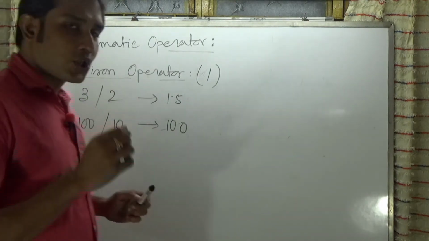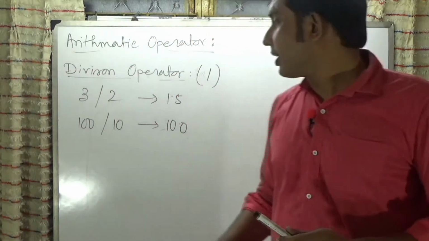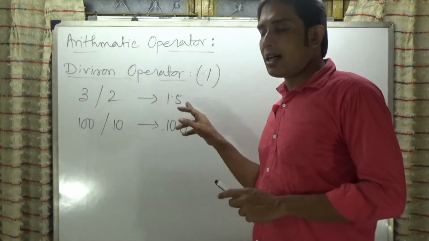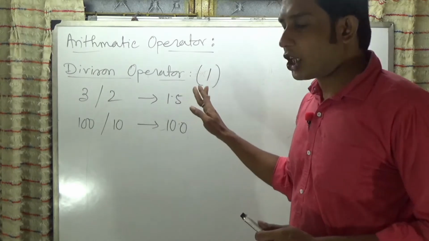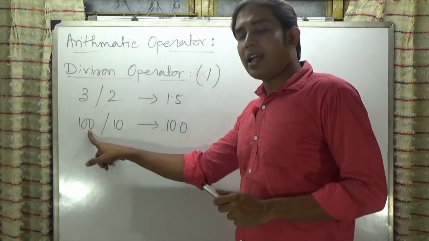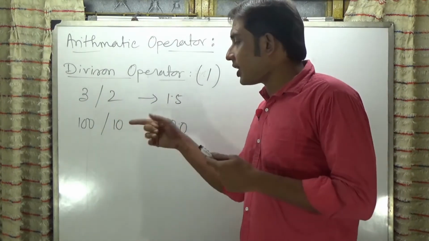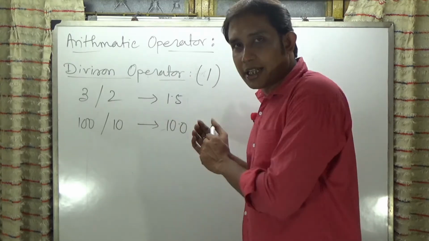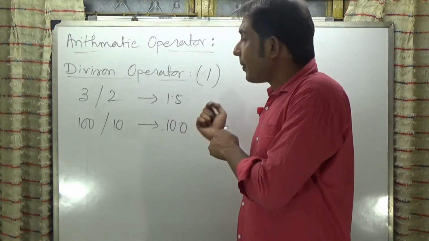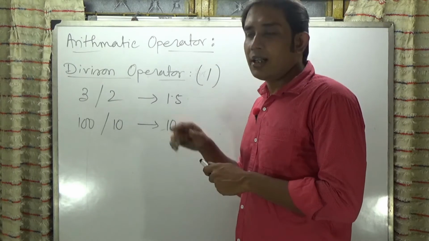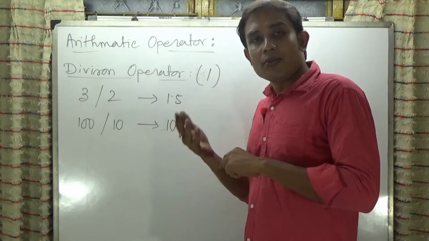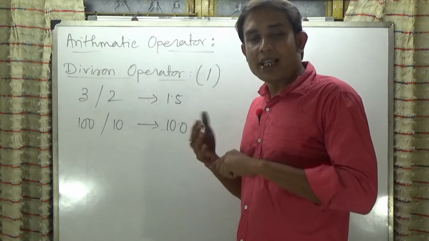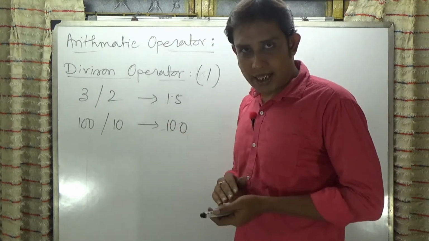Now the question arises in your mind: here the fractional value comes as the result because 3 is divided by 2. That is completely right. But if 100 is divided by 10, the result would be only 10, not 10.0. However, the division operator in Python always returns float type values, meaning with decimal places.